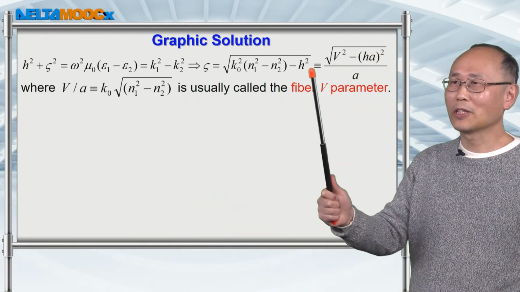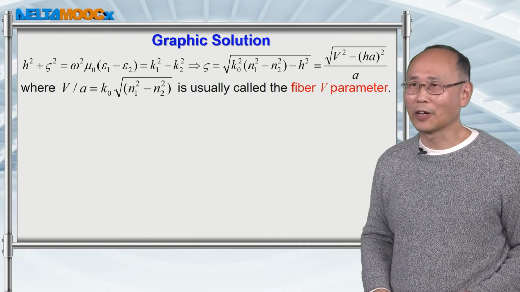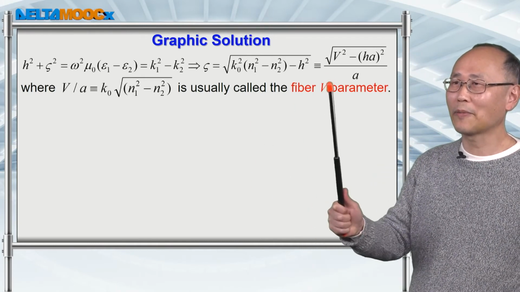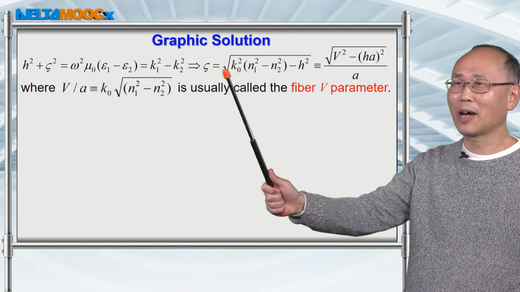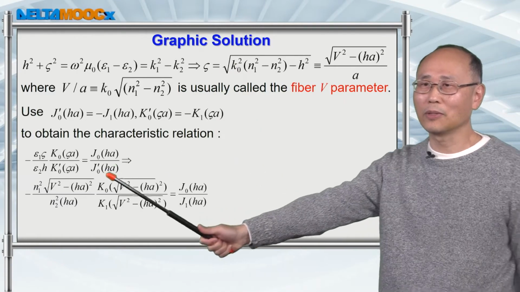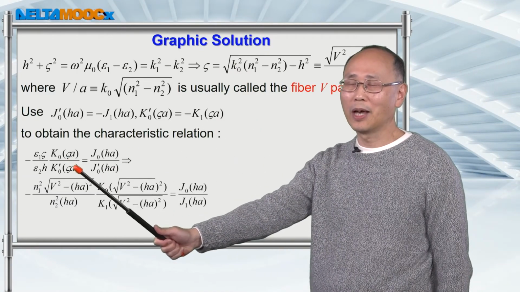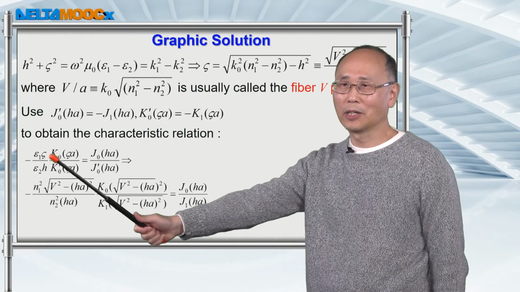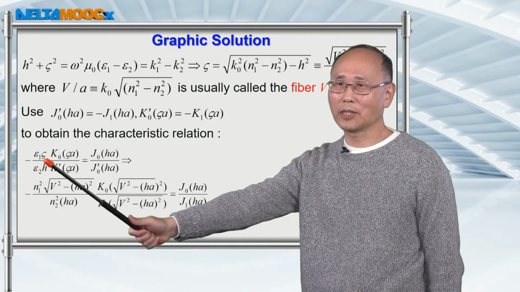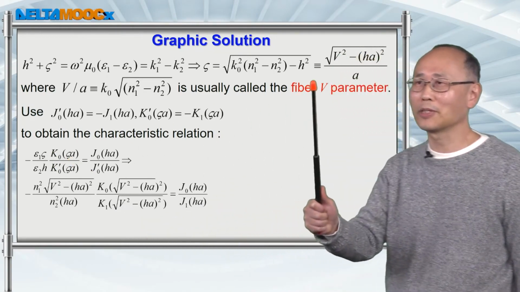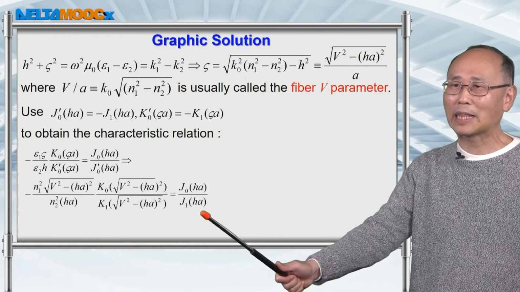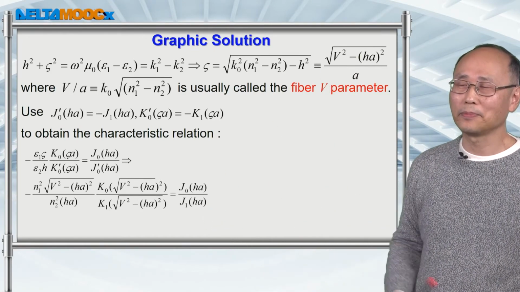And this definition is going to simplify the discussion a lot. So once you have this definition, you put this zeta into the characteristic relationship we just had on the last page. So just replace zeta by using this expression. Then you end up having this expression.